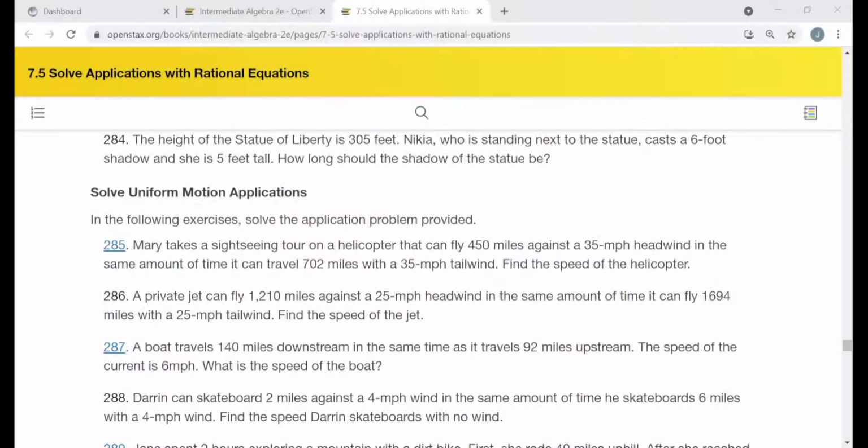All of the exercises I'm going to do in this video are taken directly from a free online textbook at openstax.org, and I'm in their Intermediate Algebra 2nd edition text. I'm in section 7.5 titled Solve Applications with Rational Equations.